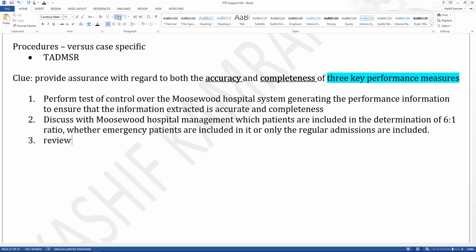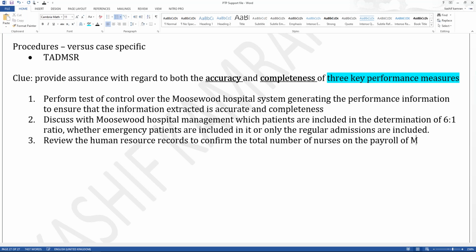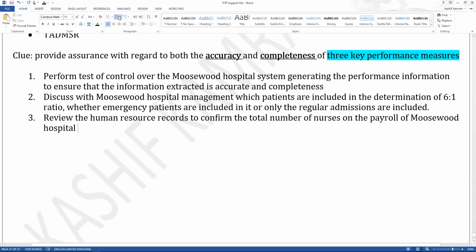Then should I review the human resource records to confirm the total number of nurses on the payroll of Moosewood Hospital? Will that help me to determine the 6:1 ratio? So review the human resource records to confirm the total number of nurses on the payroll.